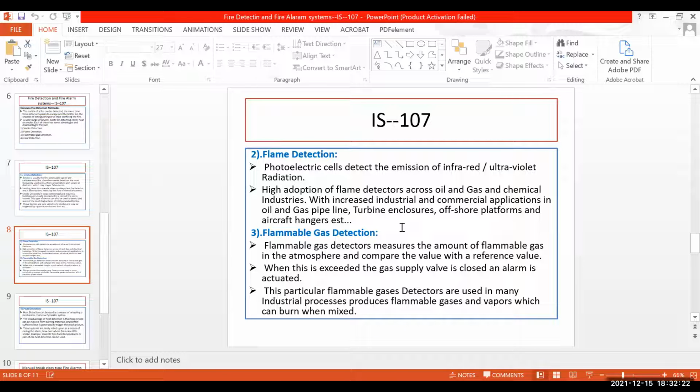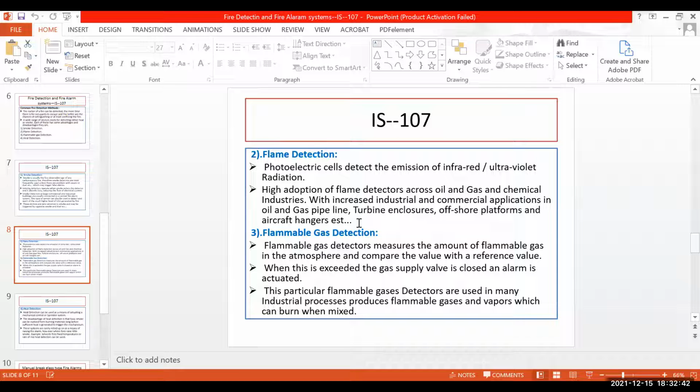While doing any hot work activities, when these radiations are emitted, the flame detectors will alarm, or it might be in other locations also.